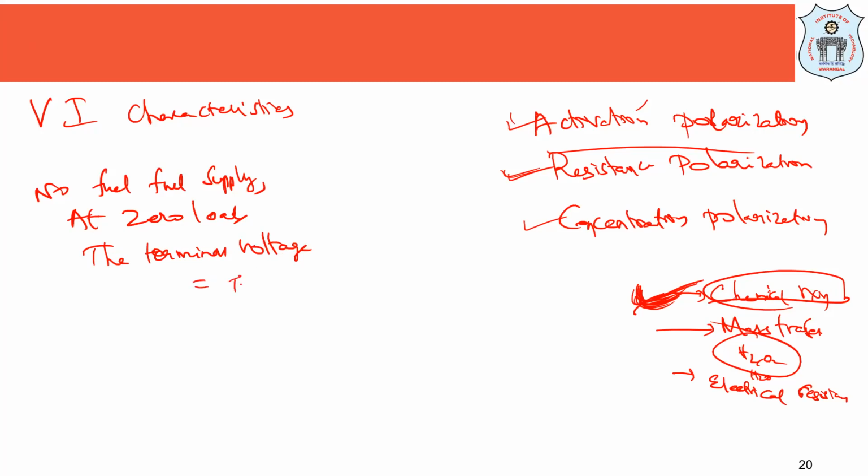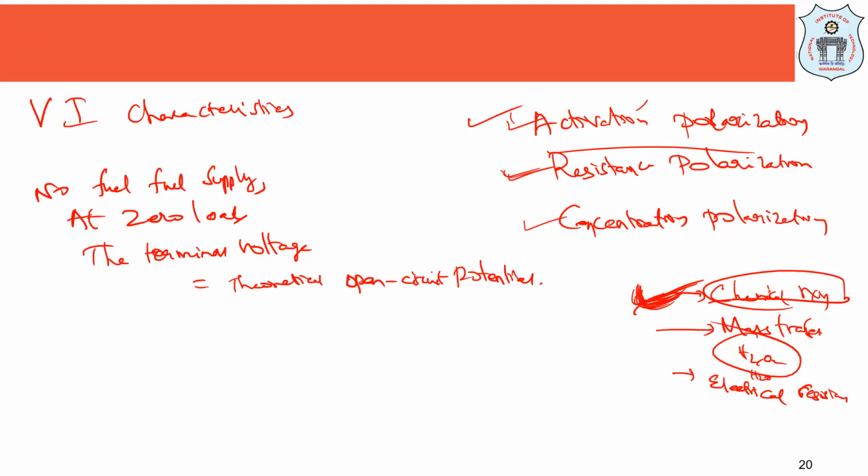As the cell is loaded, current is applied to the load, and the voltage and efficiency drop significantly. This departure of the output voltage from the ideal EMF is due to these three types of polarization that are taking place.